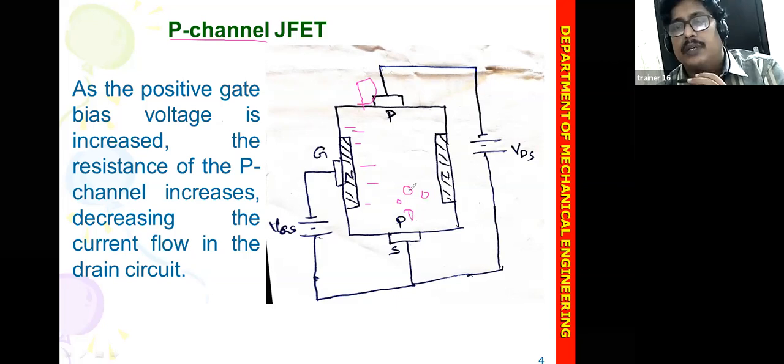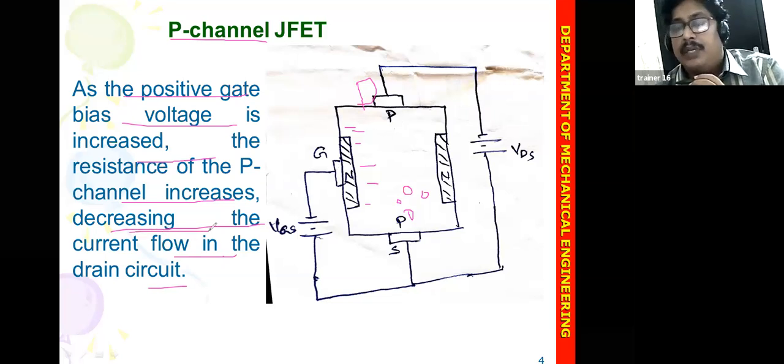The positive gate bias voltage is increased, and the P-channel increases. That means the body increases, and the body is of P-type semiconductor, thereby decreasing the current flow in the circuit. The current flow decreases automatically, because the P-type is completely the body, but it is just controlling.